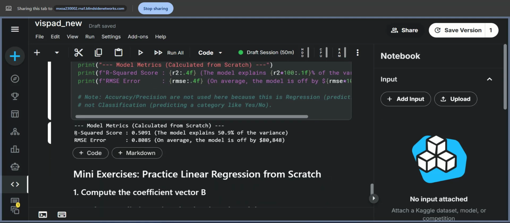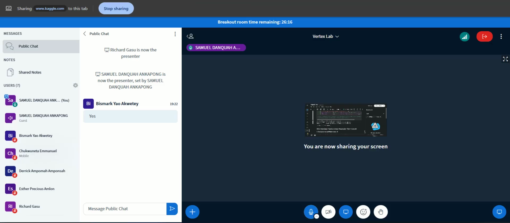So you could see that the R squared score here is 50.9%. So on average or in total, it was able to take quite a little bit more than 50% to actually work with. So a lot of the data inside the feature matrix is noise. So this could impact the model performance in the real world.